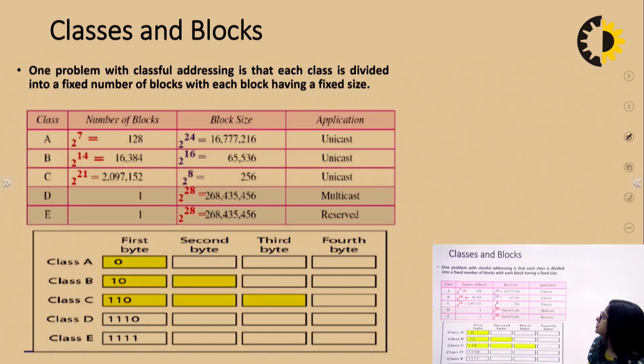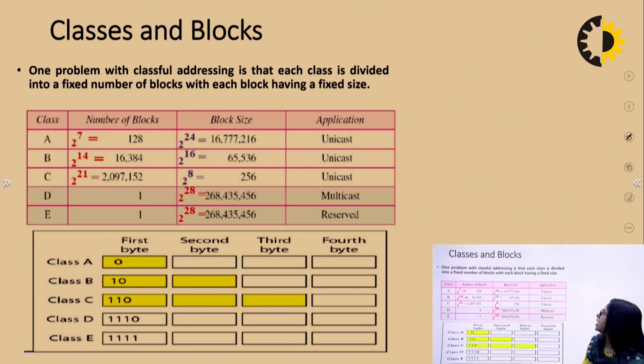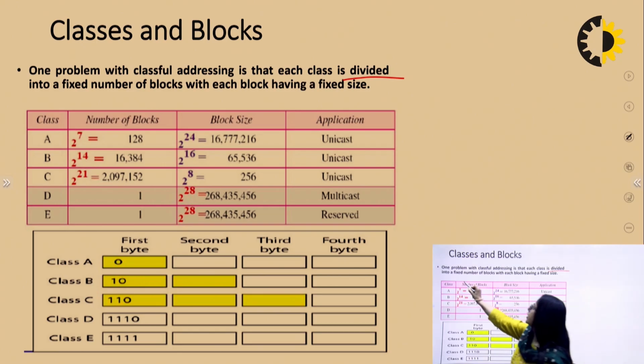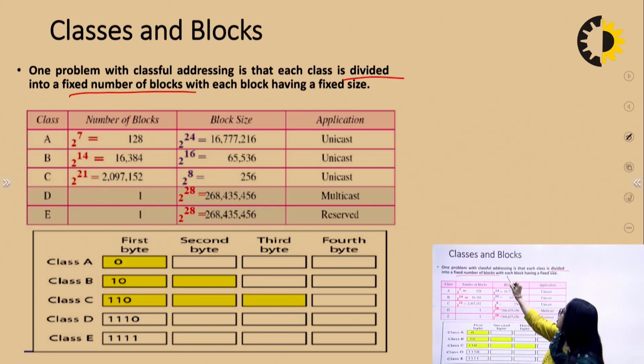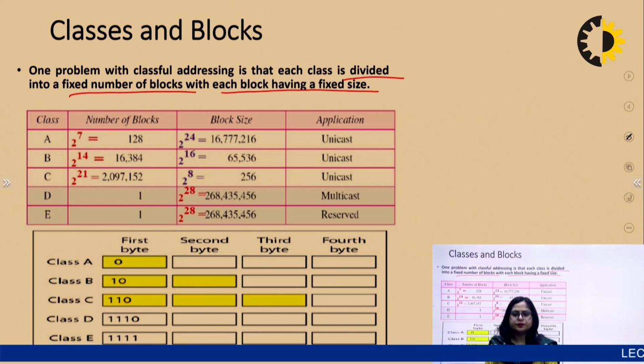After that, classes and blocks. Here one problem with classful addressing is that each class is divided into a fixed number of blocks, with each block having a fixed size. If I want 1000 IP addresses, when we request the IP addresses, the whole class is assigned to you.